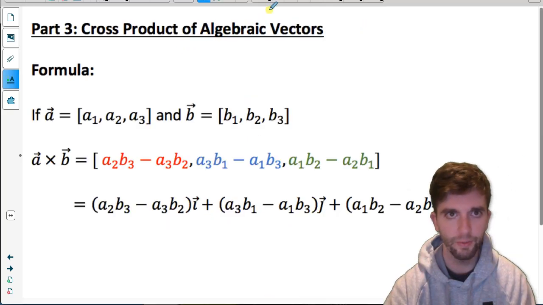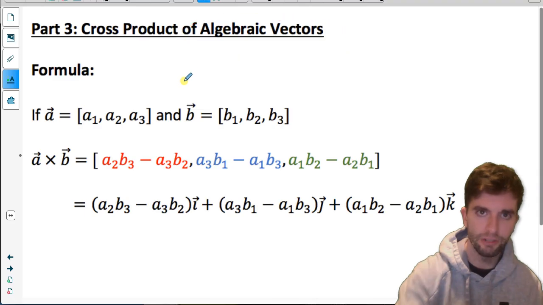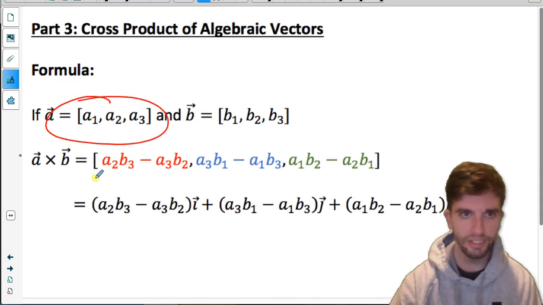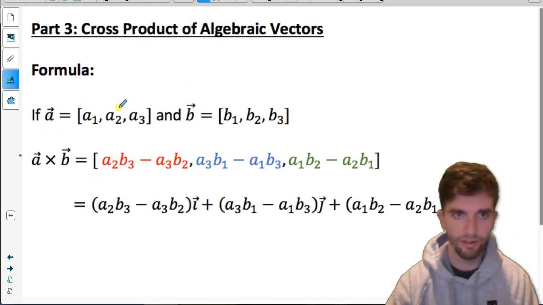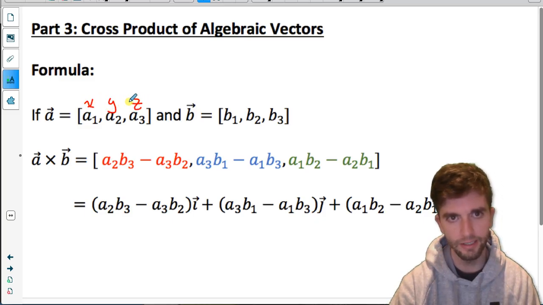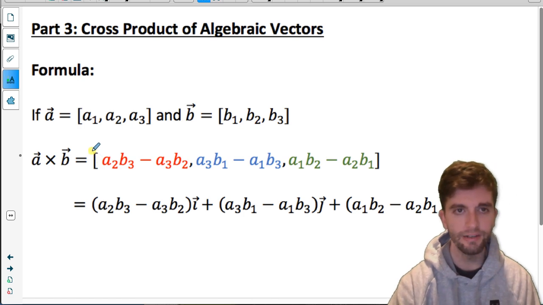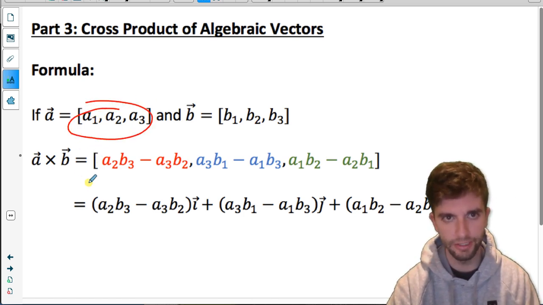Okay, let's move on to part 3, where we do cross product of algebraic vectors. So remember, algebraic vectors are written in this notation. So we're working in 3 space, so for algebraic vectors, you'll see 3 components, an x, a y, and a z component. And for algebraic vectors, the tail is at the origin and the tip is at the point defined by those 3 coordinates.